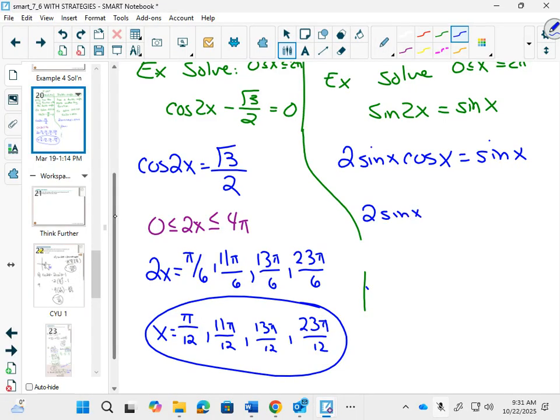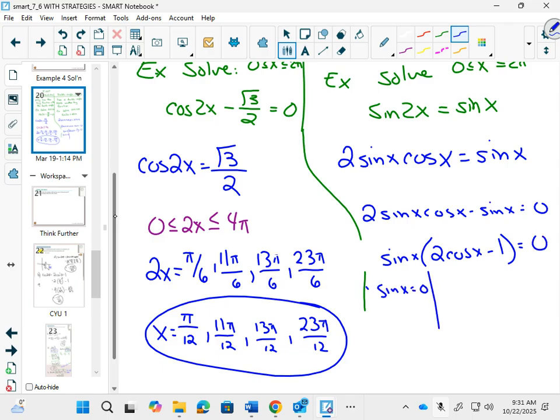So I'm going to move the sine x over and factor out a sine x, leaving me with 2 cos x minus 1. So sine x could equal 0 and cos x could be a half.